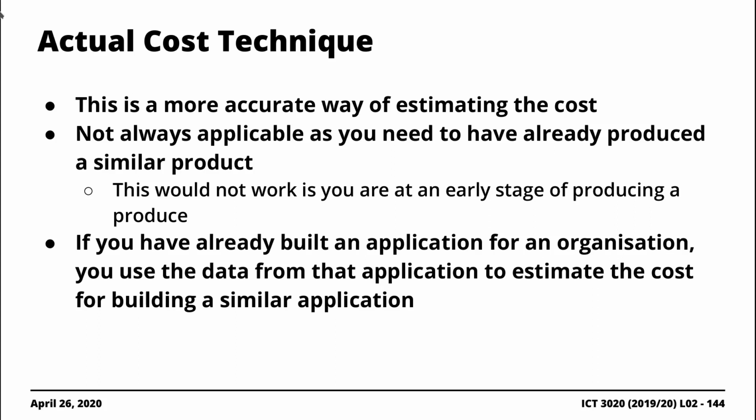So you typically need a database that has details of the type of project that you worked on, the domain associated with the project, things like the number of people that worked on that project, right? So using all those different variables or attributes, you'd be able to come up with an actual cost estimate or schedule estimate associated with the current project. Again, as earlier mentioned, this only works if you've already built a similar application in a similar domain.